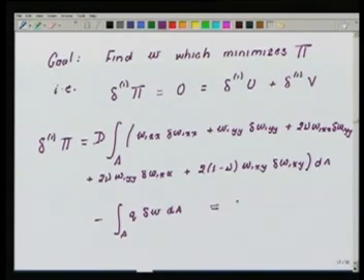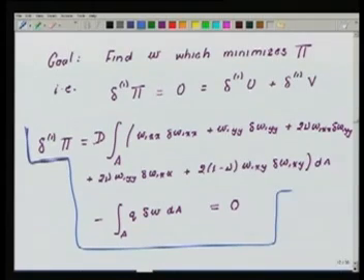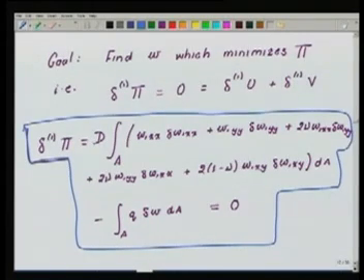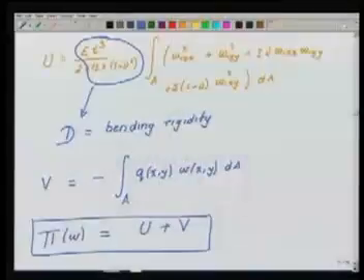This is equal to 0. This is our virtual formulation. Okay, so this is the virtual formulation that we are going to get out of what we have obtained here.